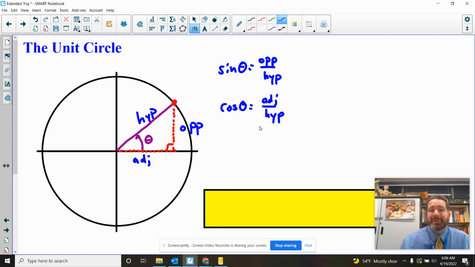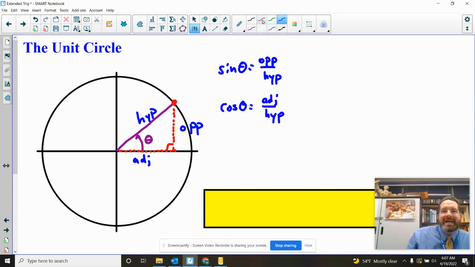So I don't know about you. I like to avoid division in fractions if I can help it. So let's think for a moment. What number could I put in down here for hypotenuse, where if I divide by the number, it doesn't change anything, and so we don't need it? Hope you came up with what I came up with. 1. If you divide by 1, nothing changes.